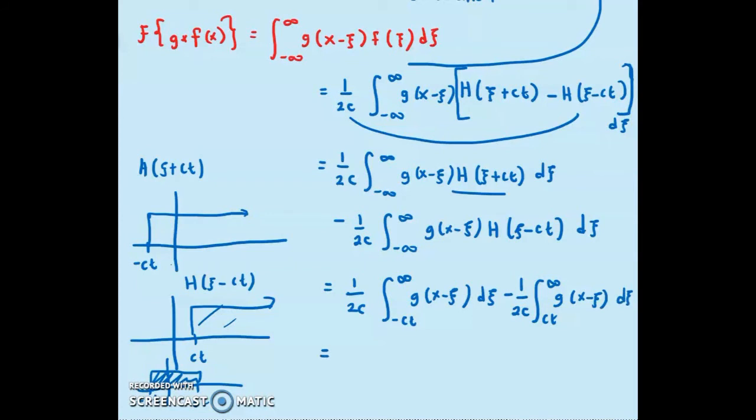Now you can combine them because all you want is from minus ct to ct of g(x minus psi) d psi.